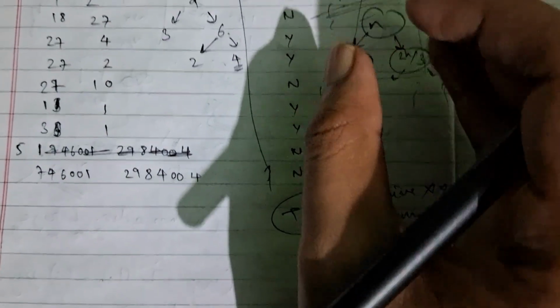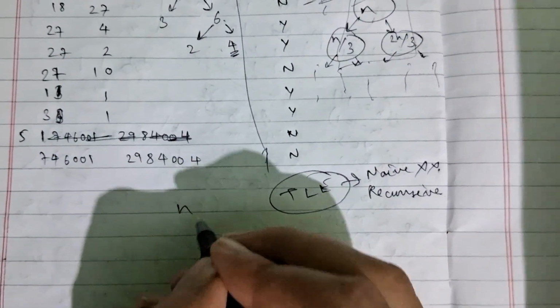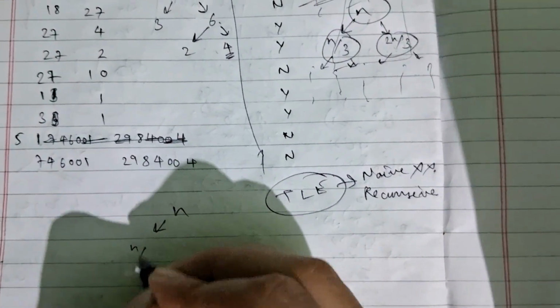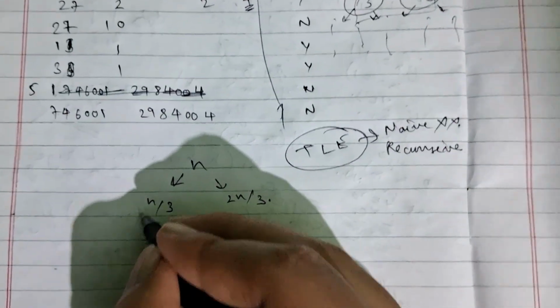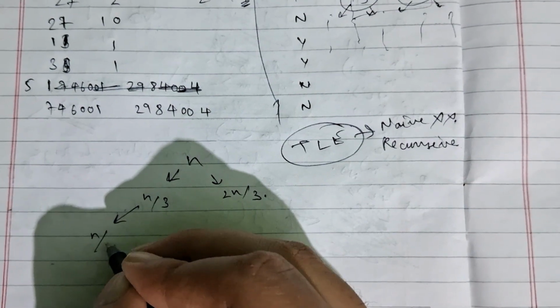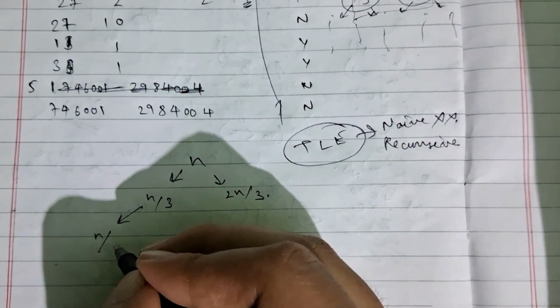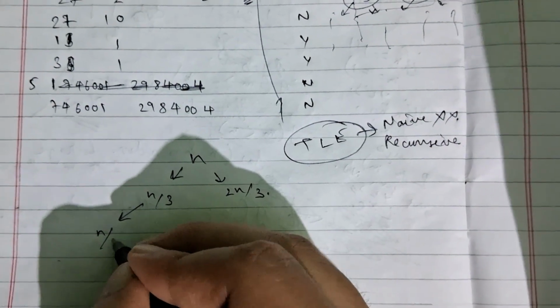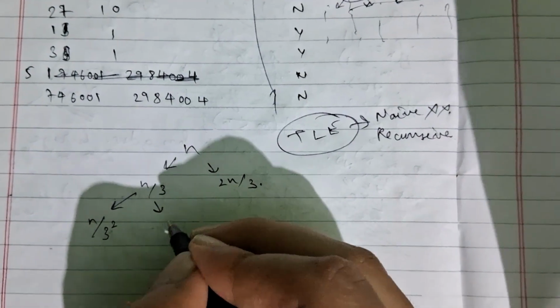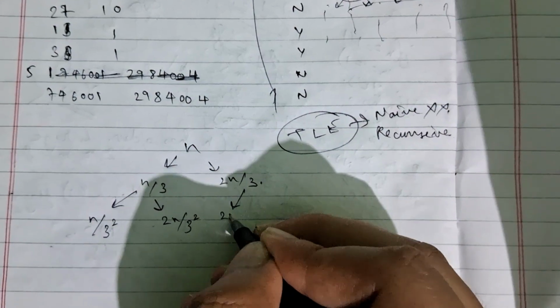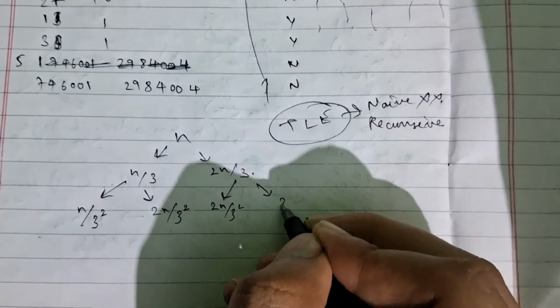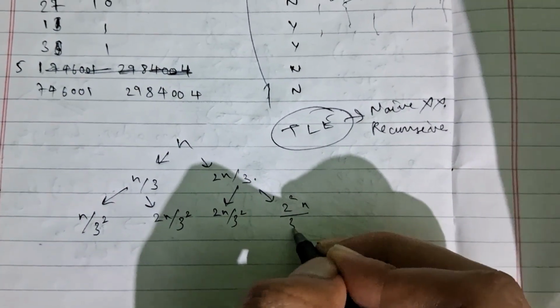So what you have to do is use the recurrence relation. n is divided into n by 3 and 2n by 3. Then n by 3 is divided into n by 3 squared and 2n by 3 squared, and 2n by 3 is divided into 2n by 3 squared and 2 squared n by 3 squared.